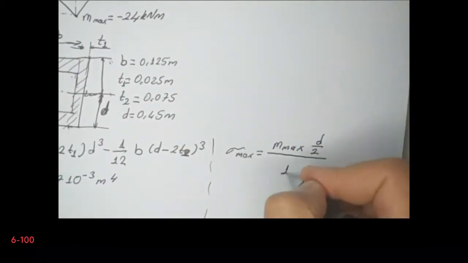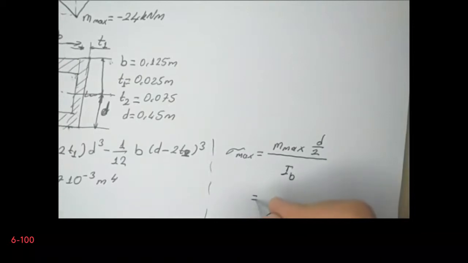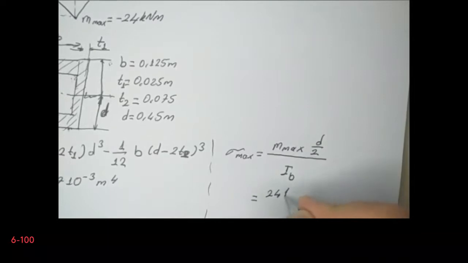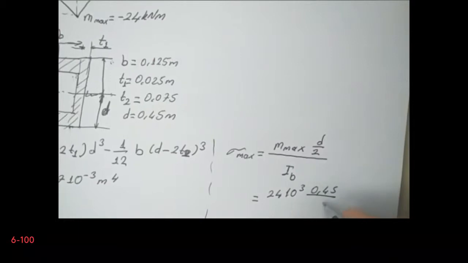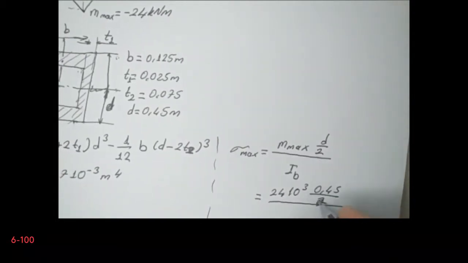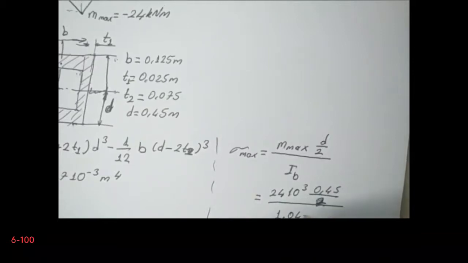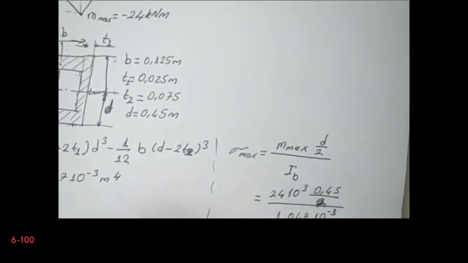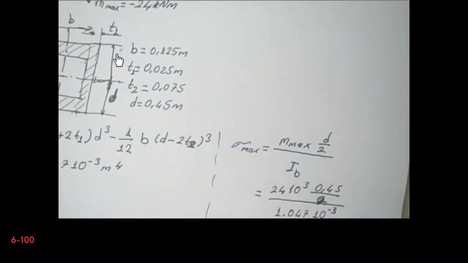Let's put the values. M max is equal to 24 times 10 to the power 3, D is 0.45 divided by 2, and then the moment of inertia is 1.047 times 10 to the power minus 3. Let's calculate the value for the maximum stress.